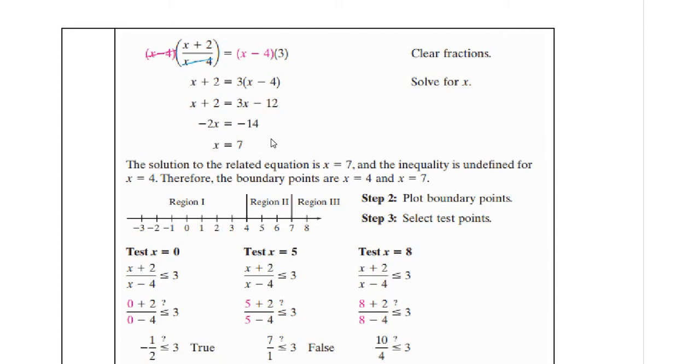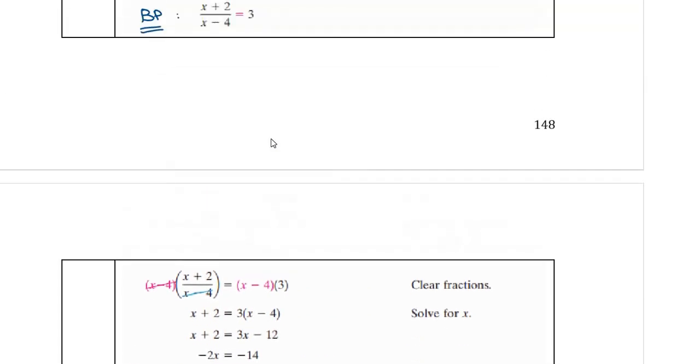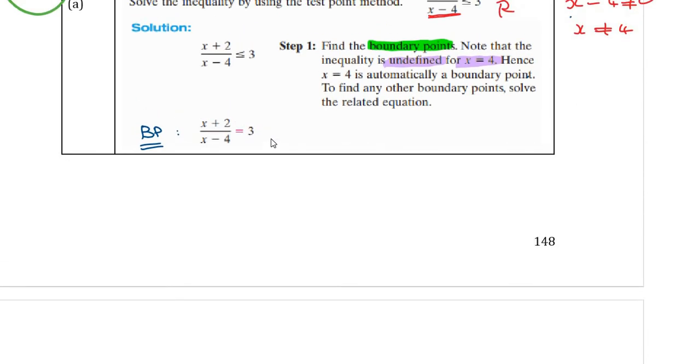The important thing once again is that I just want to go back and emphasize that we cannot, in the question itself, multiply with the x minus 4 throughout, which is our lowest common multiple, because we do not know the sign. If this x minus 4 is negative, we cannot keep the inequality less than or equal to.